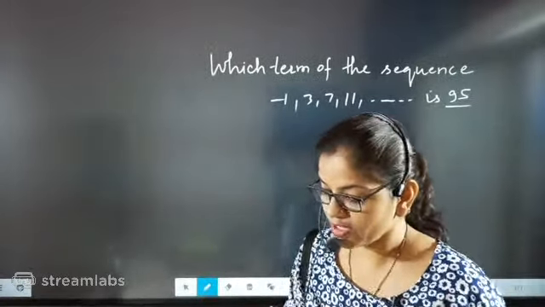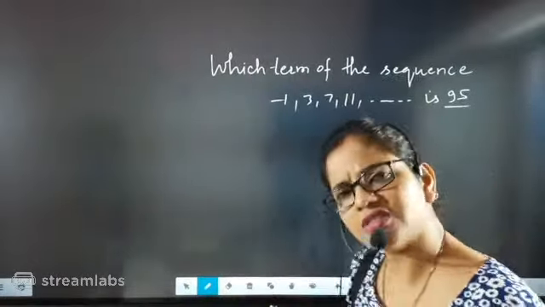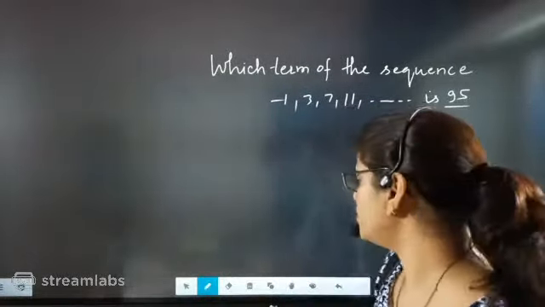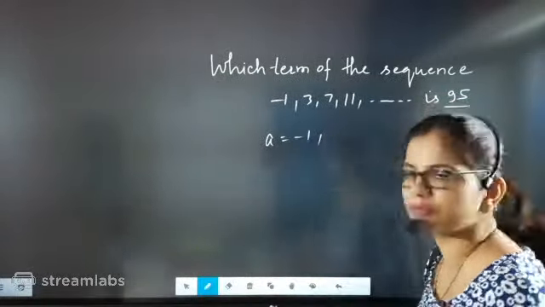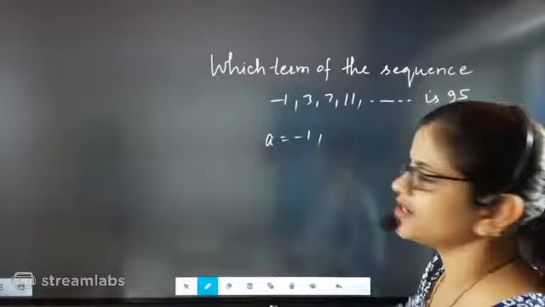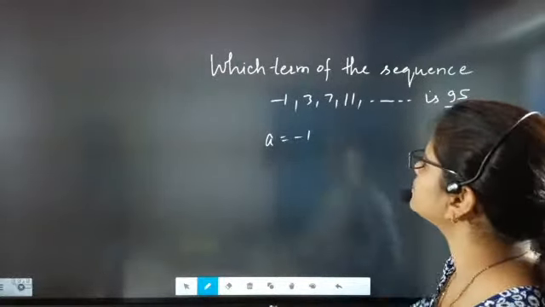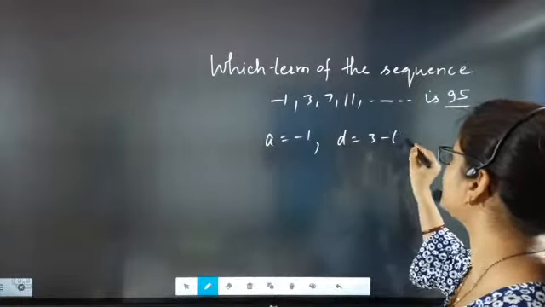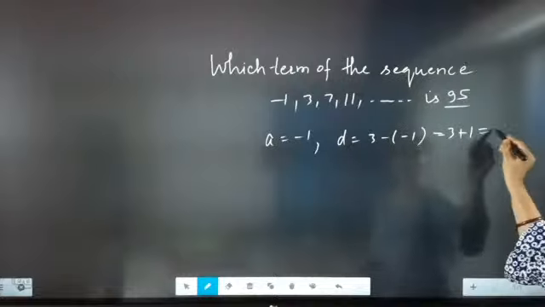Then what do we have to do here, beta? When they give you a sequence and ask you to find the term, first we write a equal to -1. Then what is the common difference? a is -1, so the common difference will be 3 minus of -1, which is 3 plus 1, that is 4.